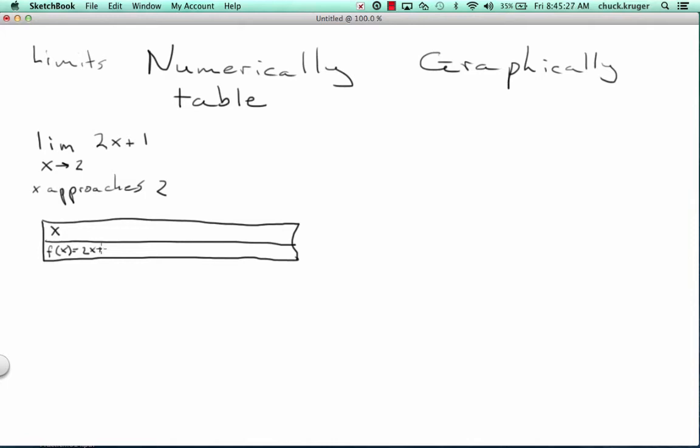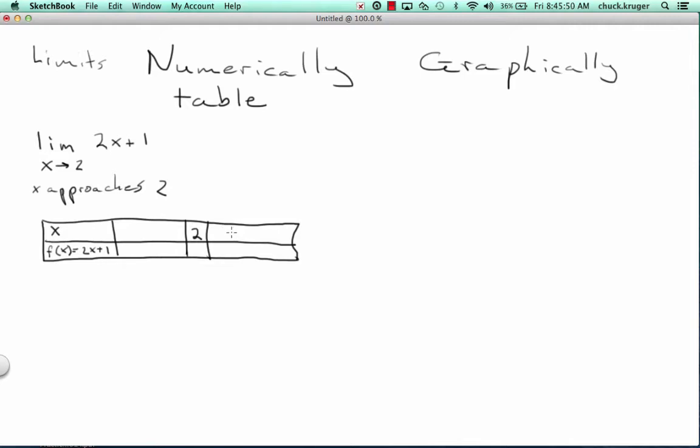Now I won't always write 2x plus 1, but I am in this case to illustrate it. And I'm going to, in the very middle, put 2. And to the right of 2, I'm going to put 3 values.